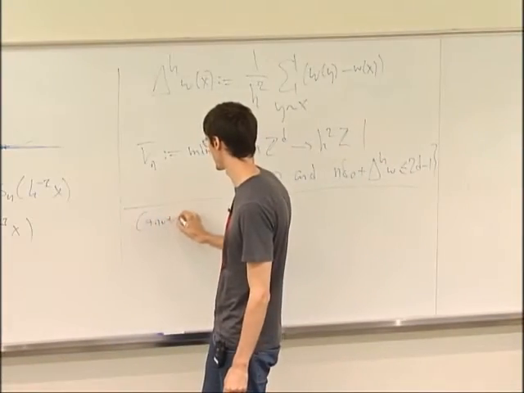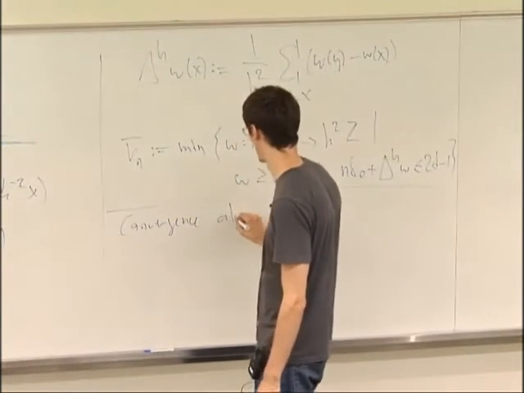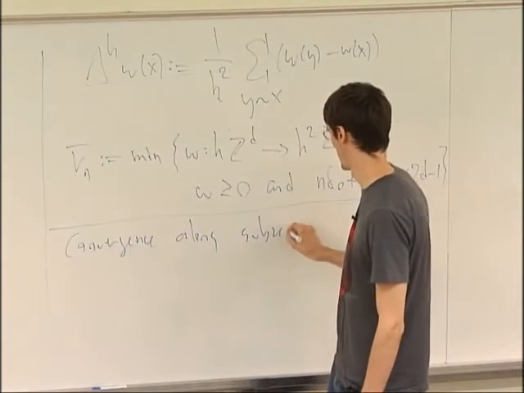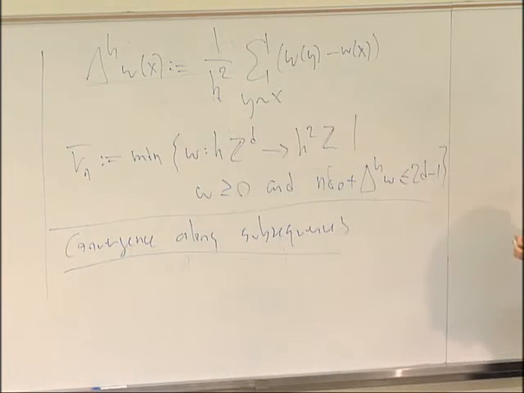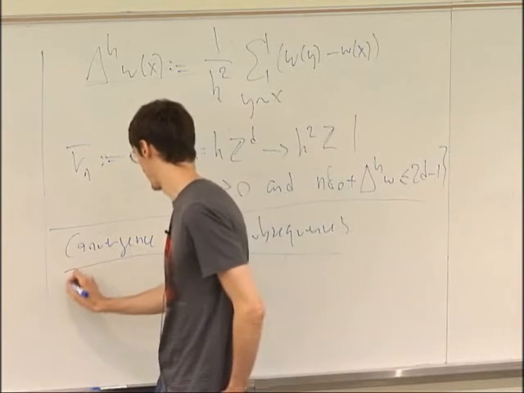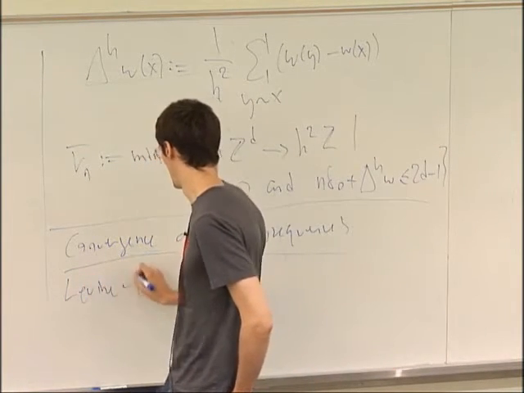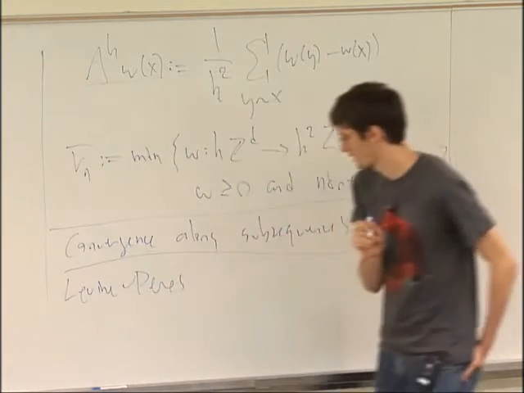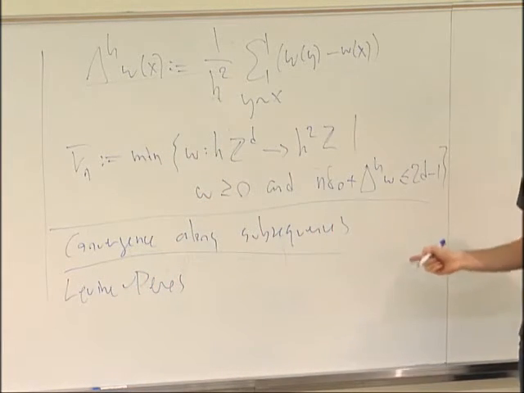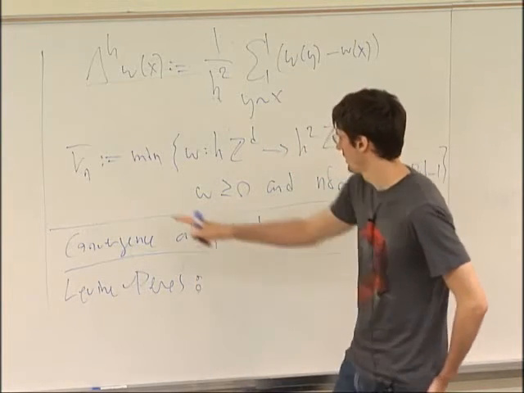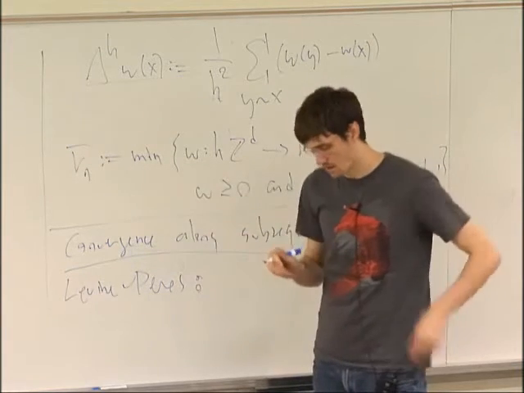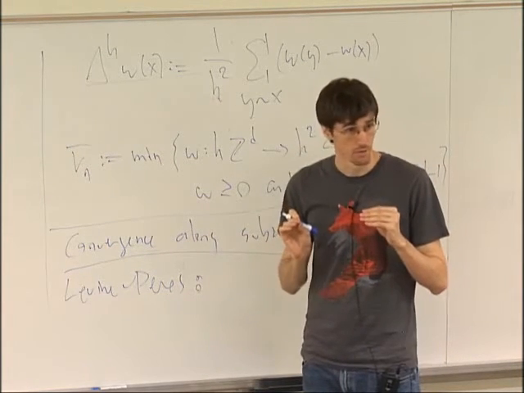So how does that work? I first want to talk about convergence along subsequences. This has two ingredients. The first ingredient is that Lionel and Yuval already did a lot of the work for us, in that they showed that these functions are equibounded away from the origin.